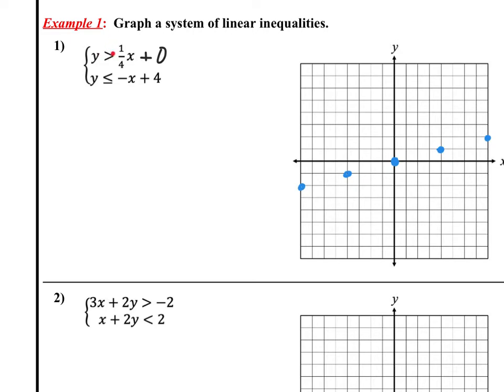It's greater than, no line beneath, so it should be dashed. Like that. And let's go ahead and shade. It is greater than, so we are going to shade above the line. And I'll go ahead and do this in blue.